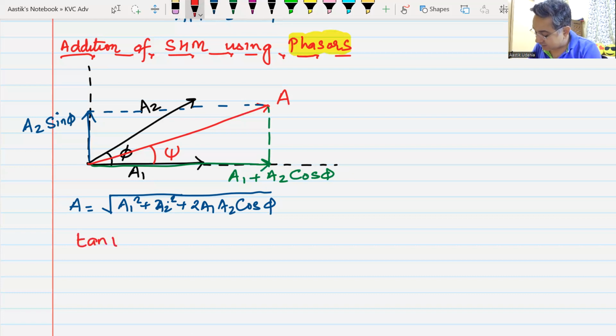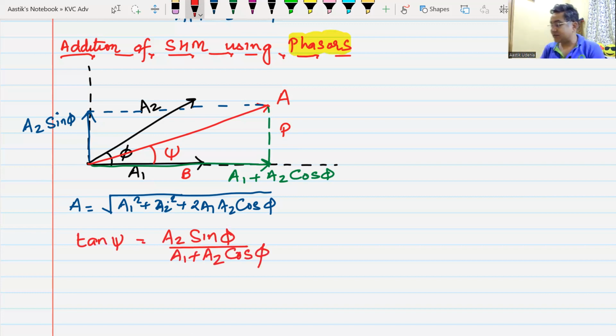Tan of this xi is perpendicular divided by base, and therefore you get the answer as A2 sine phi divided by A1 plus A2 cos phi. Do we understand how we get the value of this tan xi?